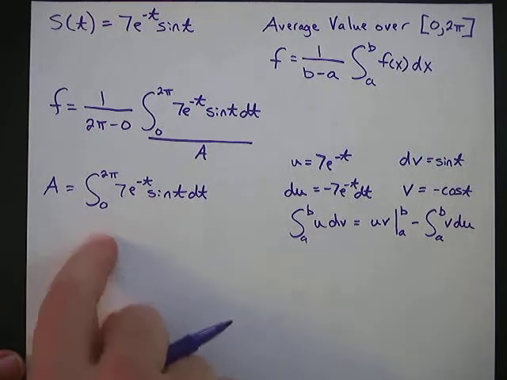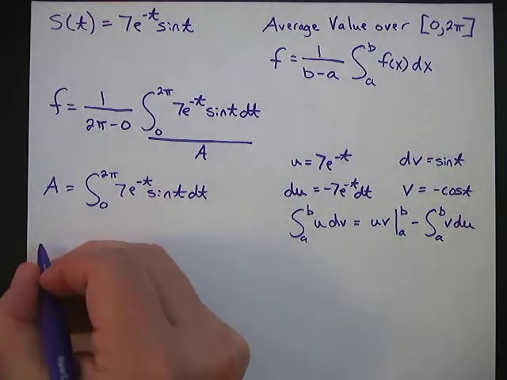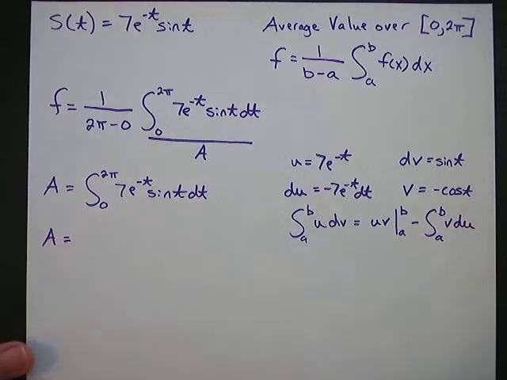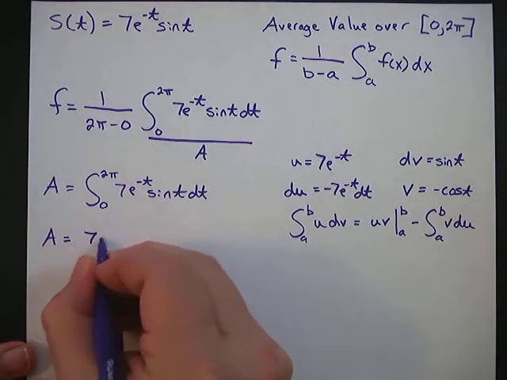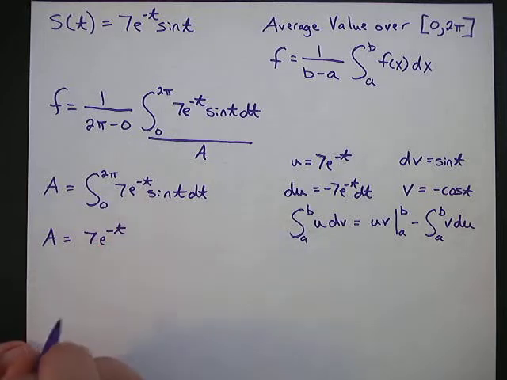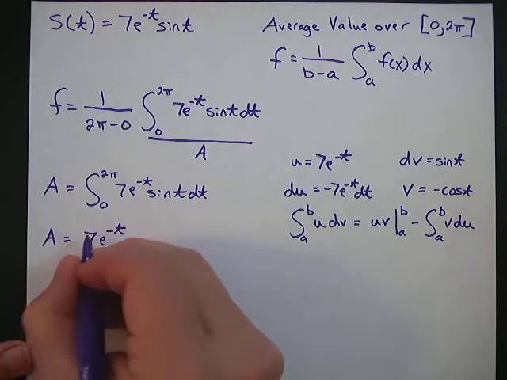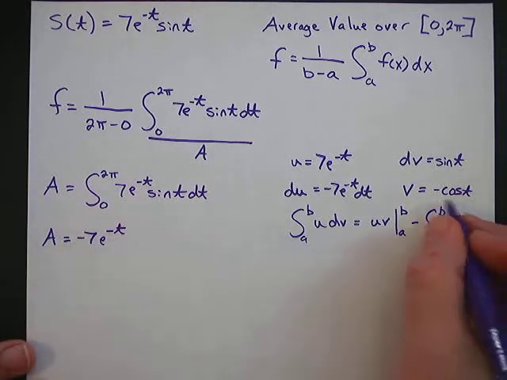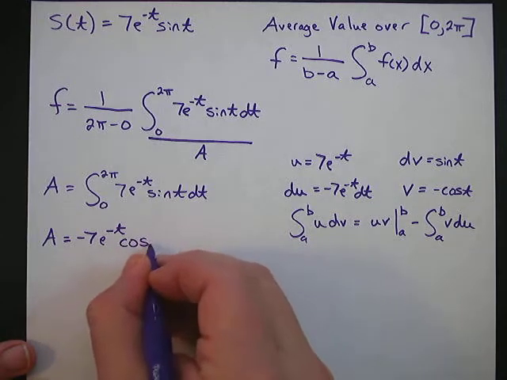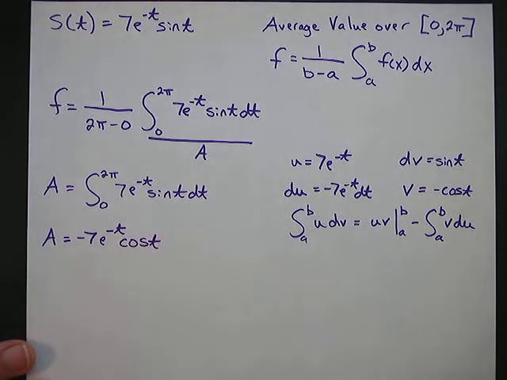So a is equal to, okay, it's uv, so u is 7e to the negative t, and v is negative cosine, so I'll stick the negative out front, negative cosine. That takes care of the first part.